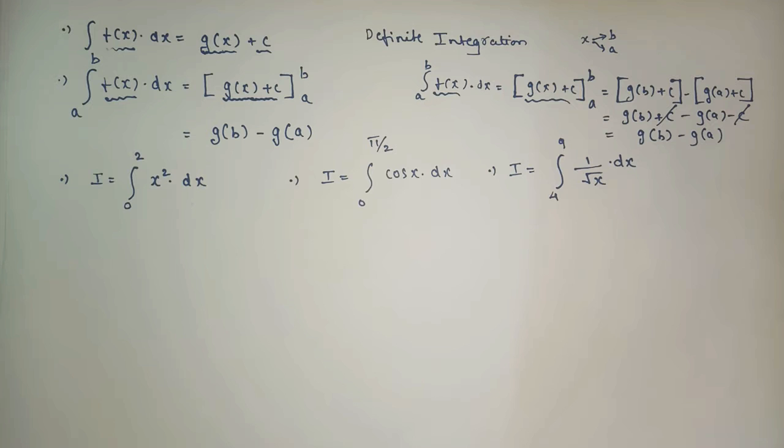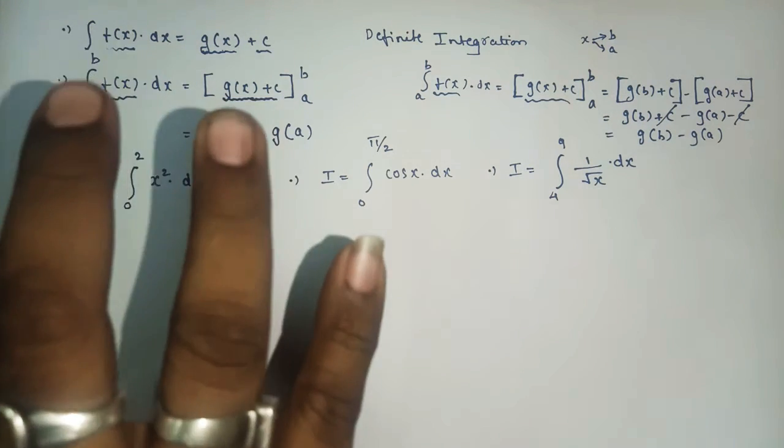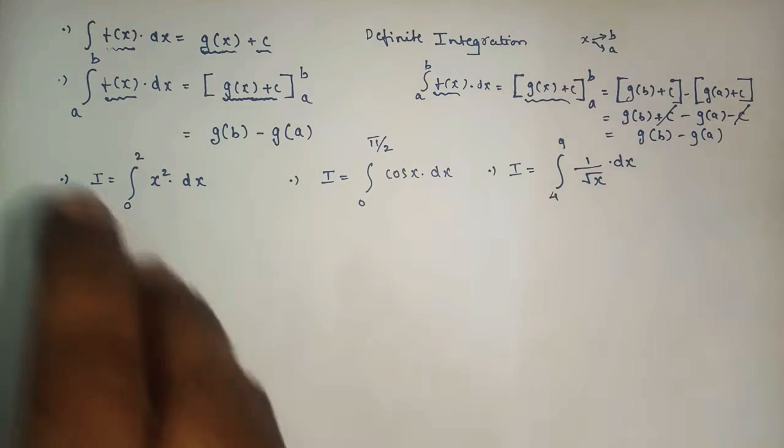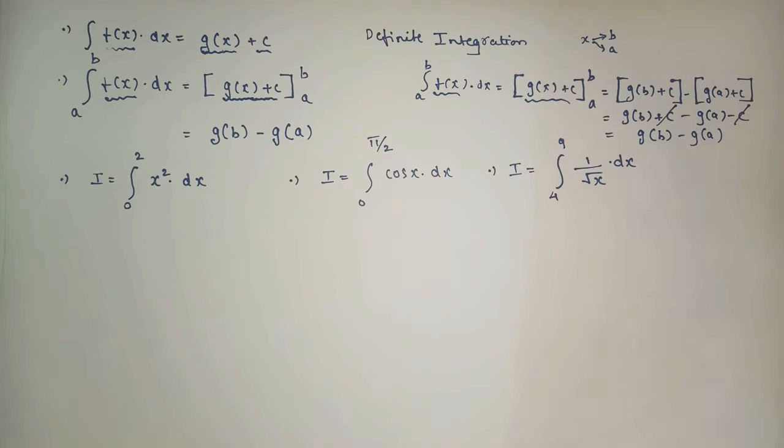So I hope you all understood the difference between the indefinite integral and definite integral. Let's take a few examples. They will be based on the integration chapter, and if you are perfect with the integration chapter, this chapter will be very easy for you.